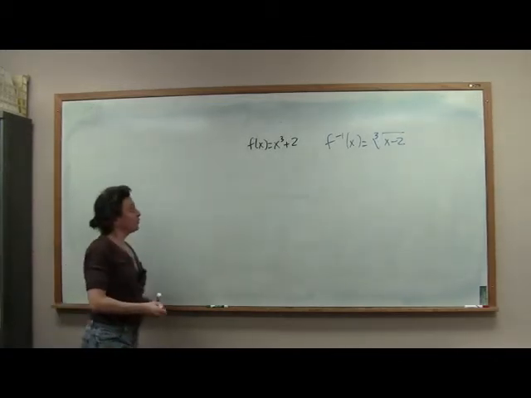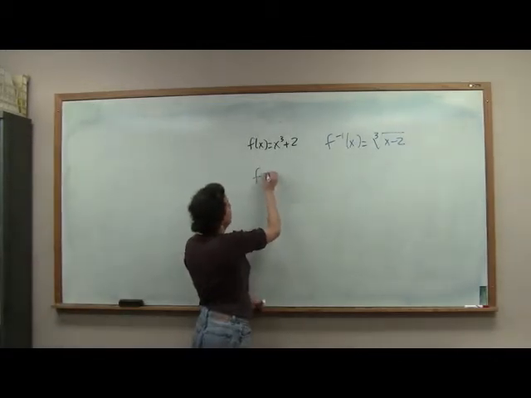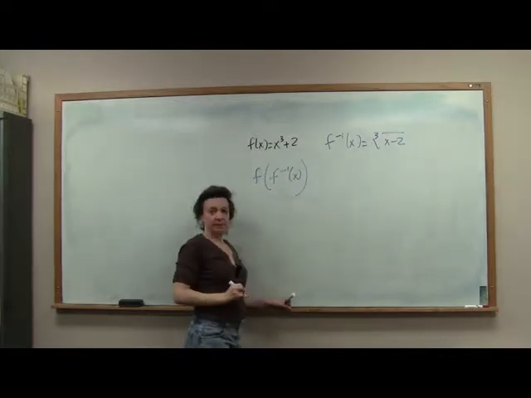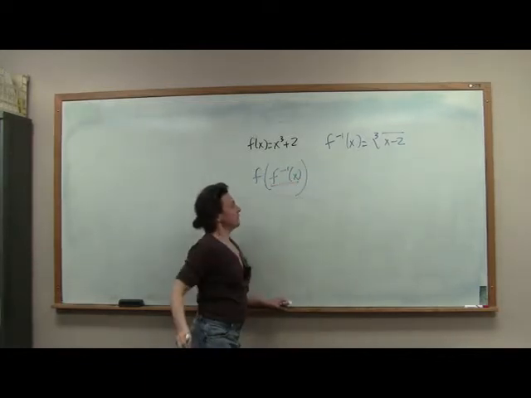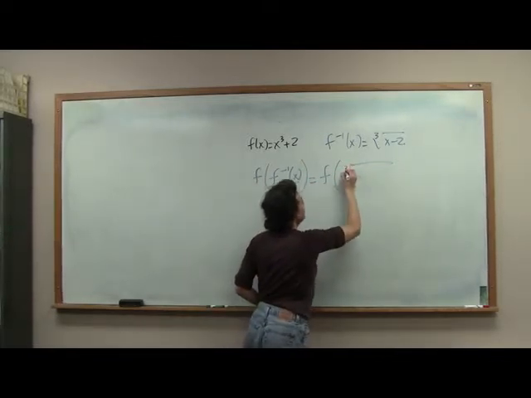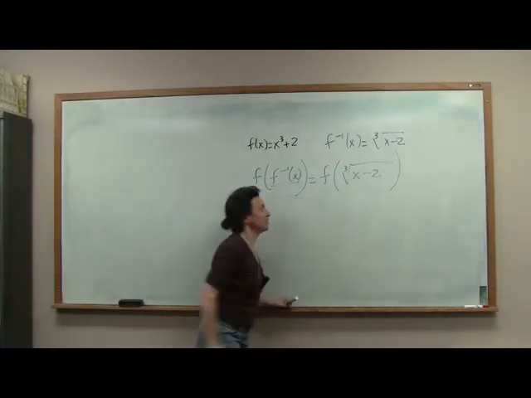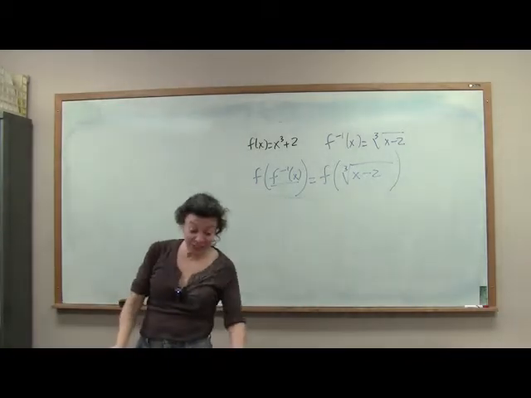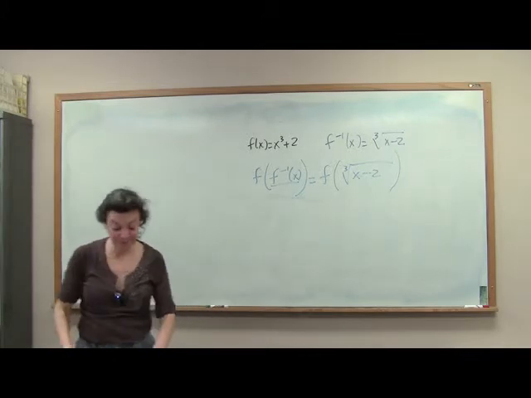Okay? So let's do f of f inverse of x. Well, we start on the inside and we're given that f inverse is the cube root of x minus 2. Looks like a really nasty thing to initially have to plug in, doesn't it?